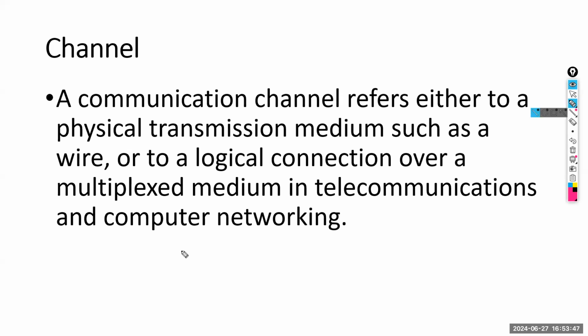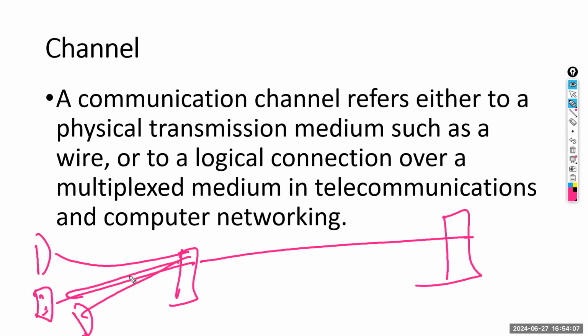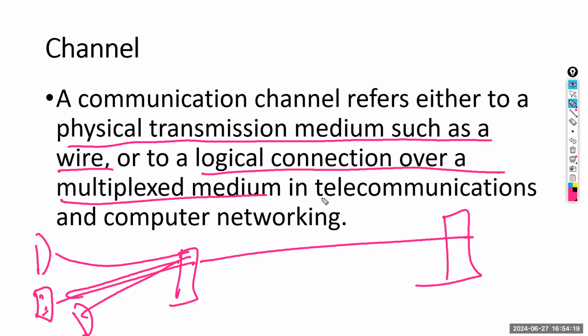Say maybe you have one tower and another tower, so we say there's a communication channel, or maybe this tower and your smartphone. Maybe some others are also using it, so you are sharing that channel. It's either a physical transmission media, if it is wire, because we can see it, or a logical connection over a multiplexed media.